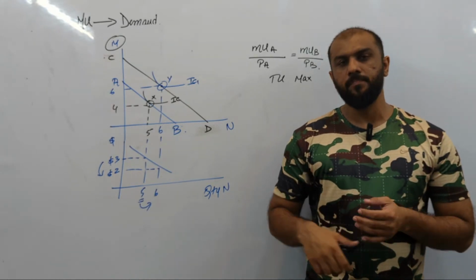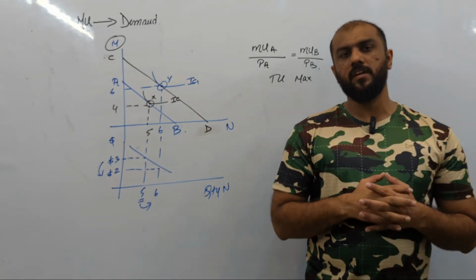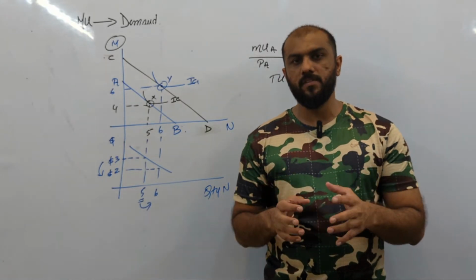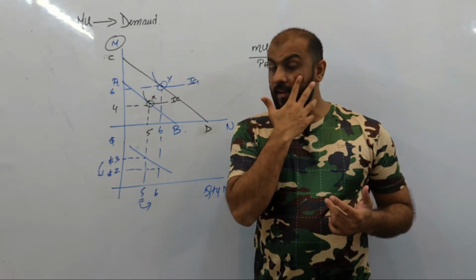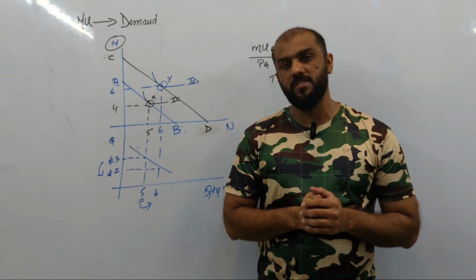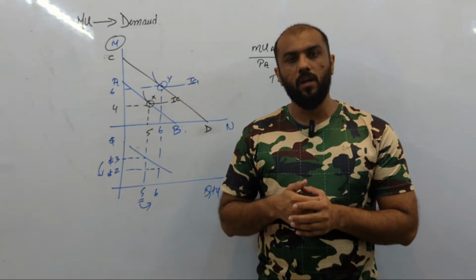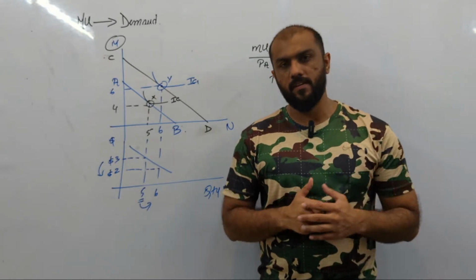Another way a person would act irrationally is if he is addicted to a product. Let's say a person is smoking, and he's continuously smoking, and his utility does not diminish, and that is why he keeps on smoking. Let's say he smokes 20 cigarettes a day, 30 cigarettes a day.